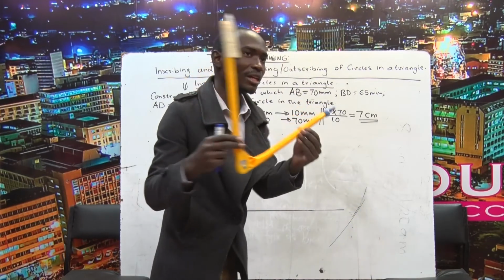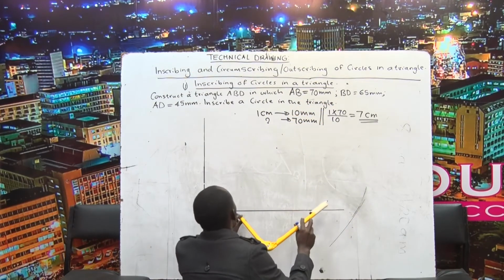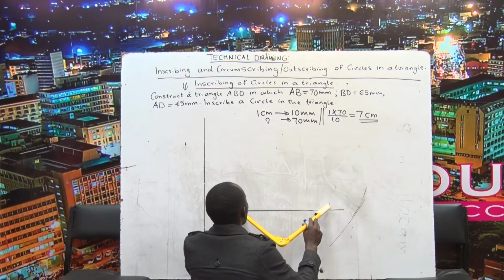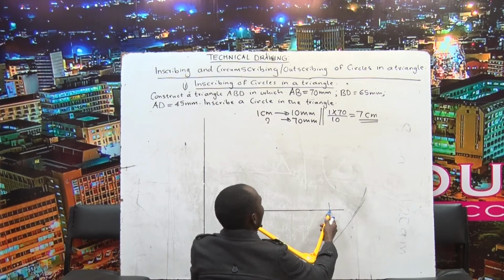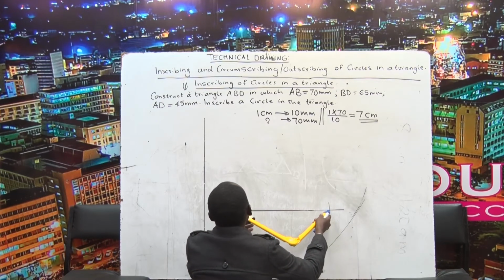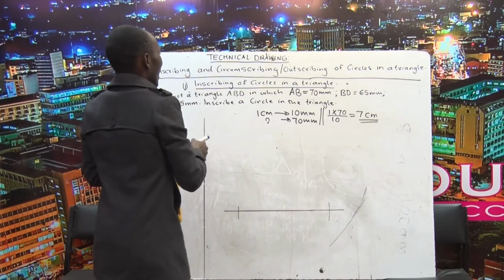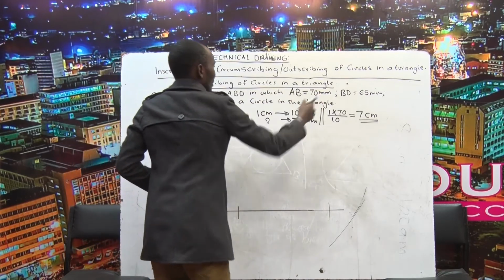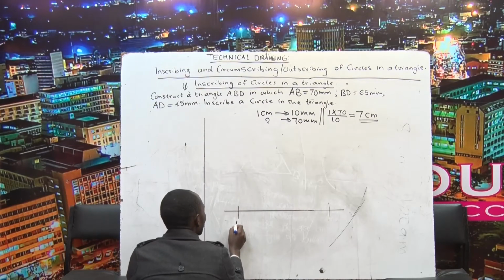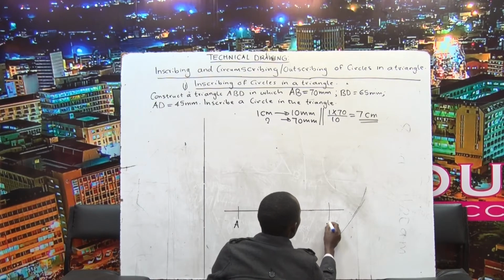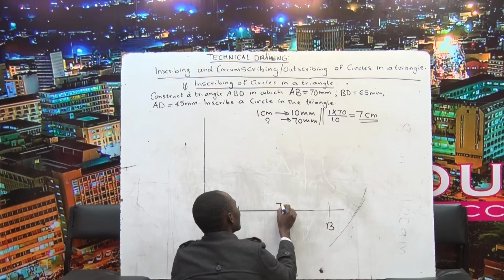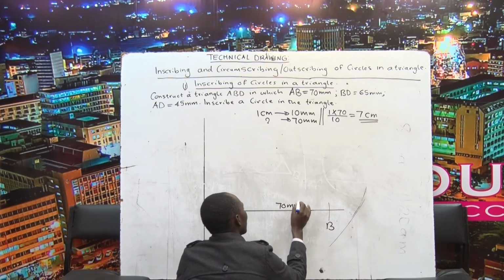I stand at a point on the line and put a mark, then stand here again and put another mark. I have been told AB is 70 millimeters, so this is my A, and we have B.